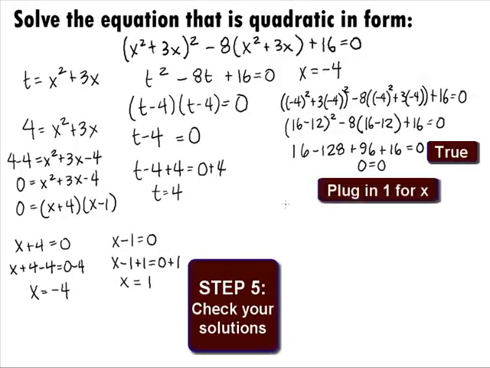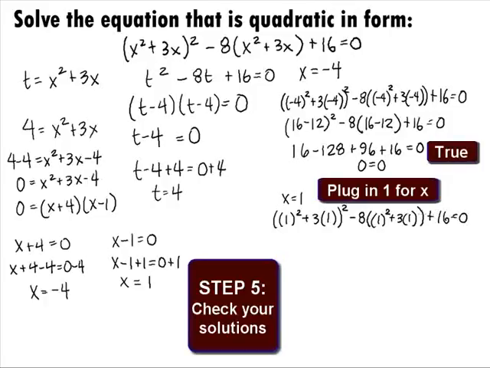Next, we want to plug in 1 for x into the original equation, and when we do this, we will get (1 squared plus 3 times 1) quantity squared, minus 8 times the quantity (1 squared plus 3 times 1), plus 16 equals 0.